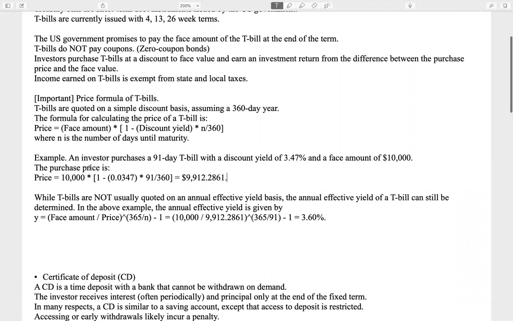As we have already seen, the standard practice is to quote Treasury bills in discount yield. It's not the annual effective yield. If you are trying to convert it into annual effective, you can apply this formula. In other words, what you do is actually this: price times, so let Y be the annual effective interest rate.